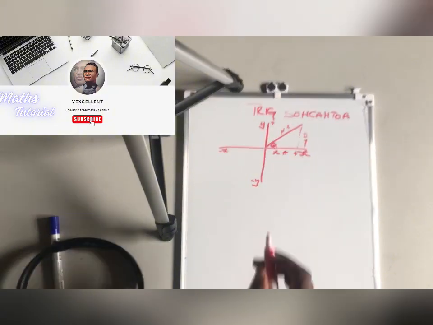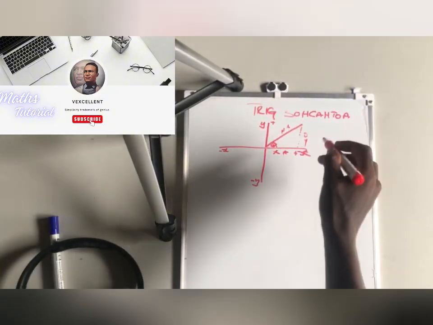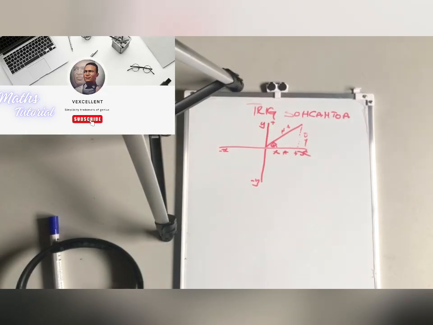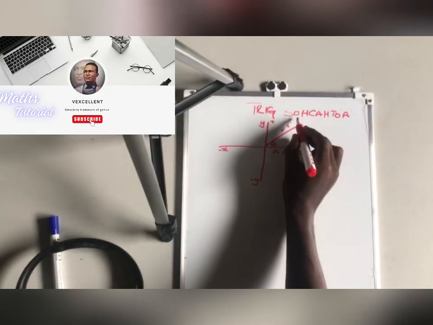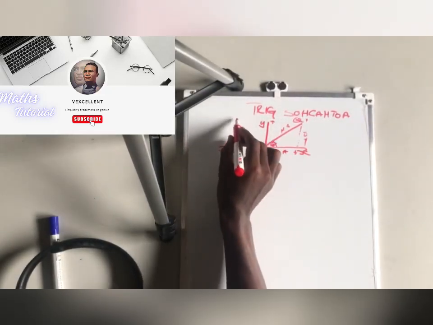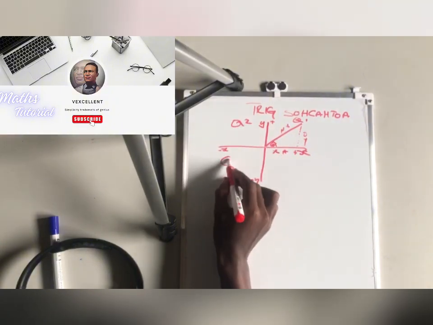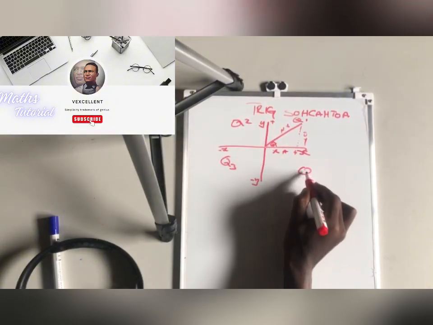Now that we have our adjacent, our opposite, and our hypotenuse, SOHCAHTOA helps us identify, on the Cartesian plane, the quadrants. This is the first quadrant, Q1, Q2, Q3, and Q4.